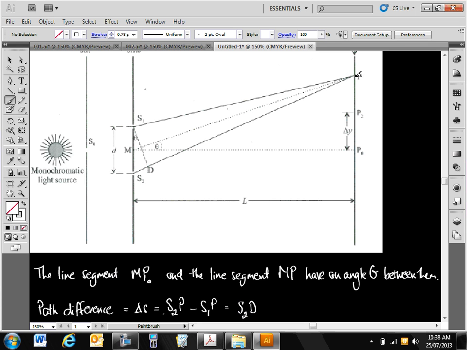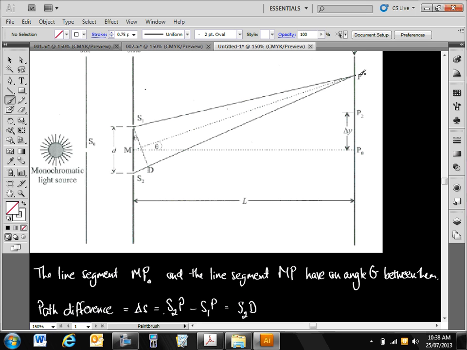Because this distance is very small here, and this distance here is very small also. So we're talking of angles less than 1 degree. Very, very small in here.